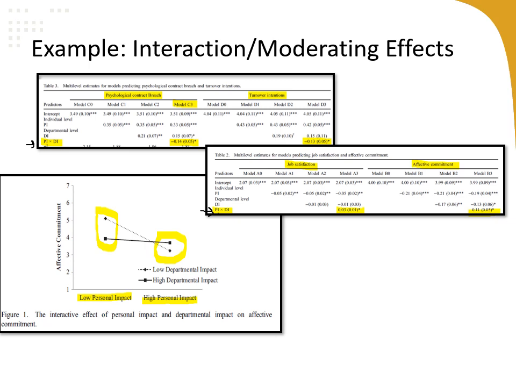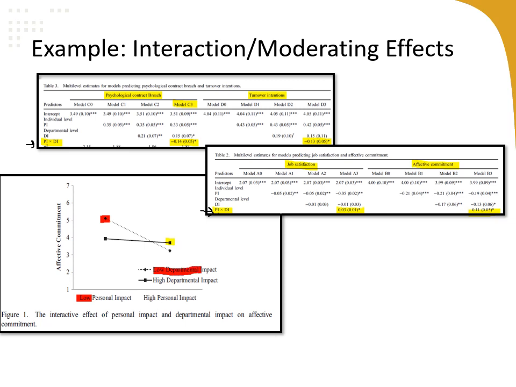So for instance, let's delete these real quick so we can highlight again. All right. This point represents those who have a low personal impact and a low departmental impact.